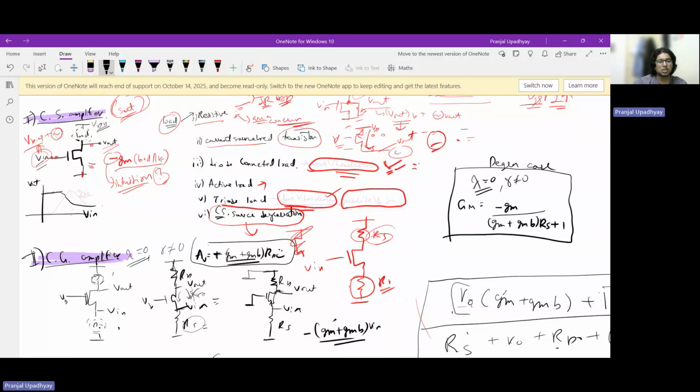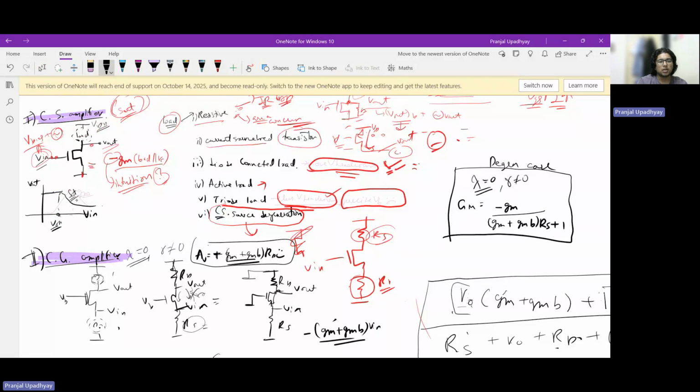Now, when my V in just becomes greater than the threshold voltage, the MOSFET turns on. Since V in is small, which means V in minus VTH, or the overdrive, is small, the transistor is in the saturation regime. A certain amount of current will flow, and as the current increases, the drop increases, which means V out decreases, because V out is VDD minus effective resistance times current.